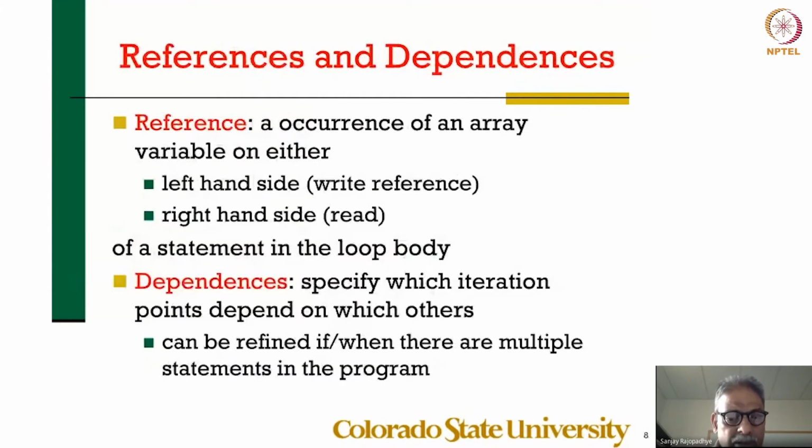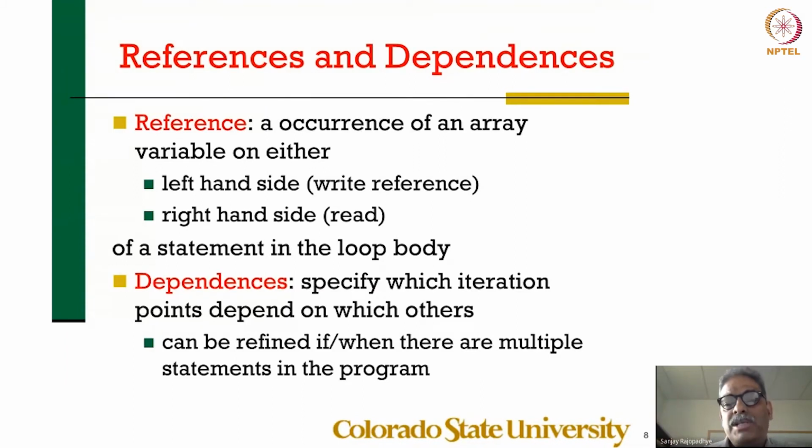All right, so the other thing that we want to be careful about is the notion of reference, and then we'll come to dependencies. A reference, and you guys are doing compiler, so this is easy for you. It's a syntactic property of the code. It is the occurrence of an array variable on either the left-hand side or the right-hand side. It's a read reference or a write statement of a statement in the loop body.